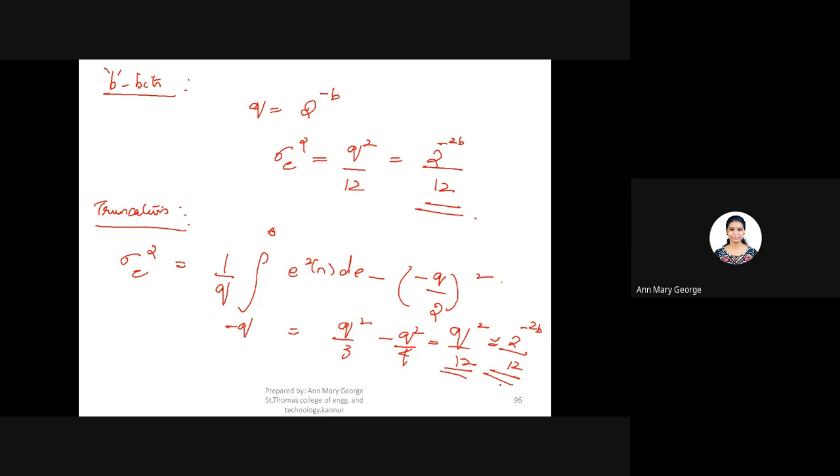Write down that in both cases the noise power, that is variance, is 2 raised to minus 2b by 12. Noise power. So note this much.